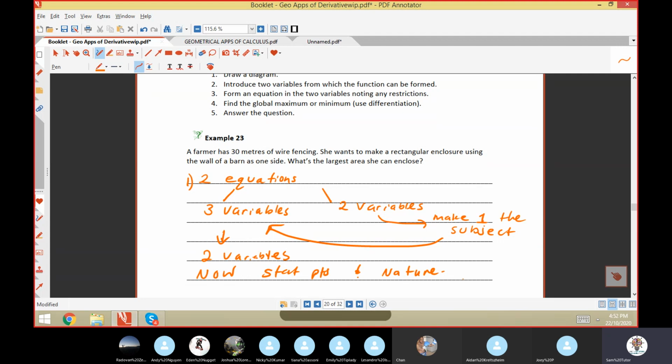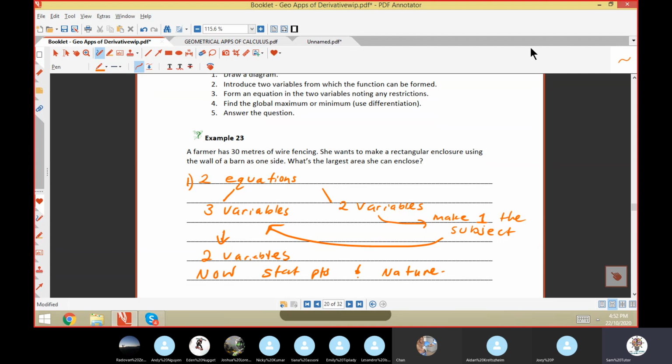So the stat points and nature is easy, right? That's going to be nothing, as you can see. It's step 1, that's the problem. I said step 1, and that is all step 1. There's only 1 step. You've got to know it's 1 big step. 2 equations, 3 variables, 2 variables. Eden, you had a question. What's a variable? Pronumerals, letters, X, Y, Z, A, B, C's, whatever the letters they choose.